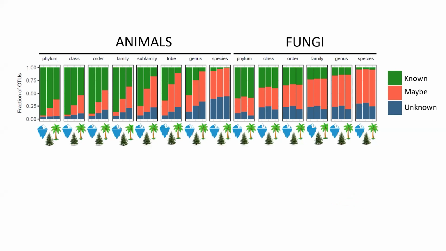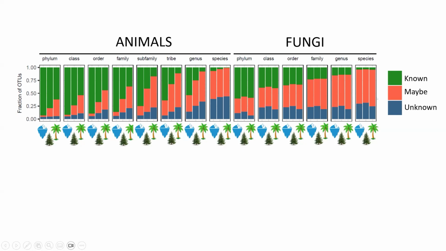And if you somehow thought that all of that unknown diversity is in the tropics, then if you are an entomologist, you are partly right, because here I compare for animals in the sense of the best animals, which are arthropods, insects, what fraction of species, genera, tribes, subfamilies, etc., are most likely unknown, maybe unknown, or known from before in the tropics, in the temperate zone, and at high latitudes.